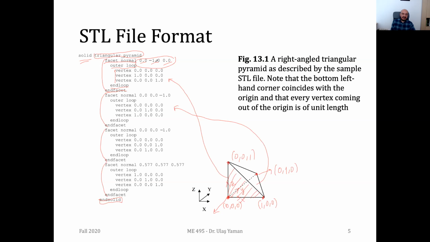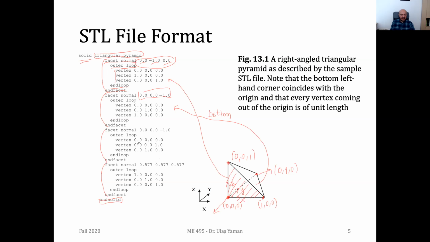And it is written here, the normal is 0, minus 1, 0. And then let's have a look at this one. We covered the vertices, but let's focus on the normal. It says that the normal is in the negative z direction. Since I said that this is the bottommost triangle or the base triangle, and obviously it should be pointing downwards, which is the minus z direction.